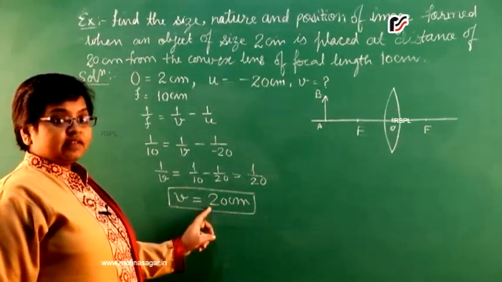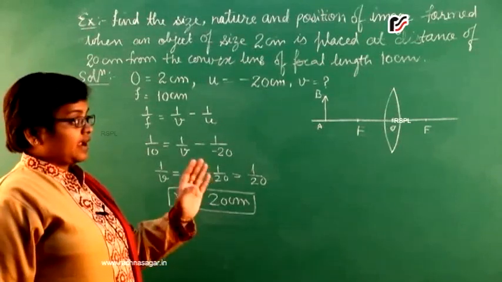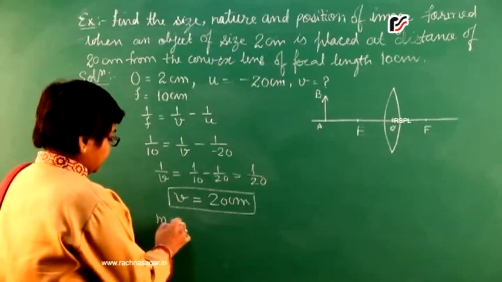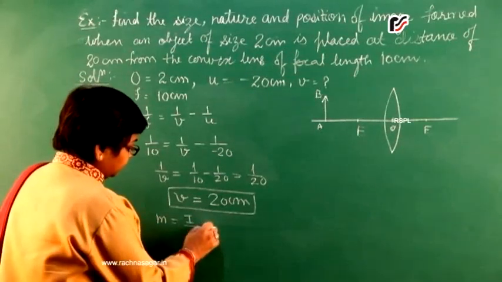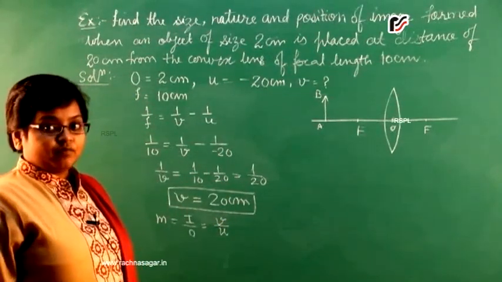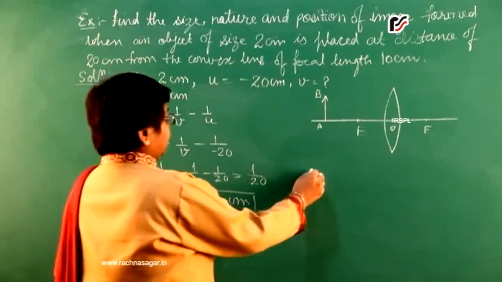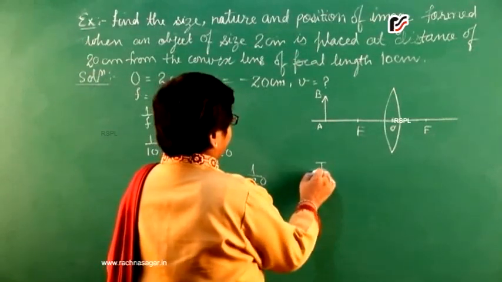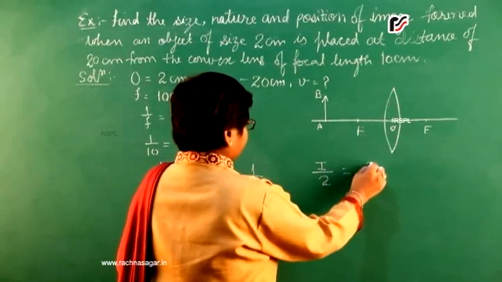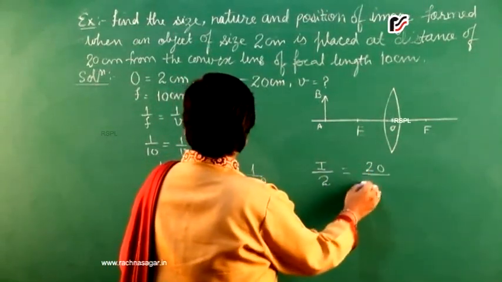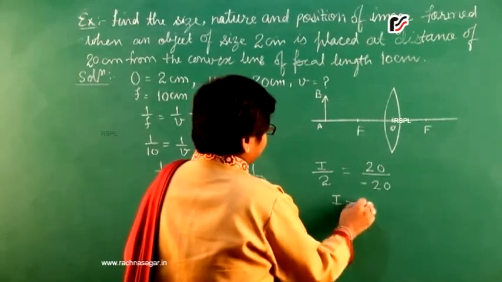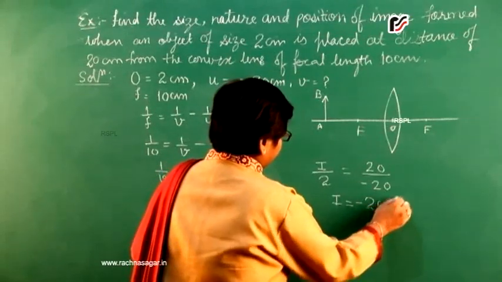It is positive. That means the image formed on the right side of the optical center. Magnification is I by O, V by U. Here we have to find out the value of I. O is given 2 cm, V is 20 and U is again minus 20. I becomes minus 2 cm.